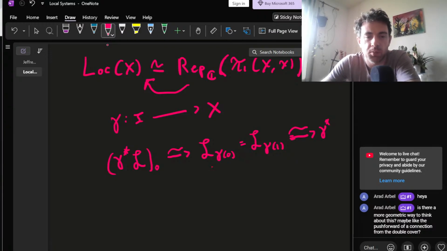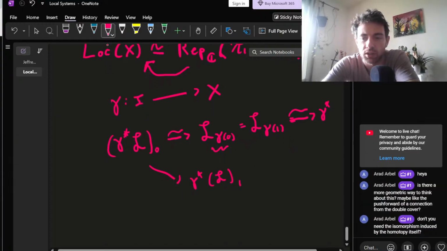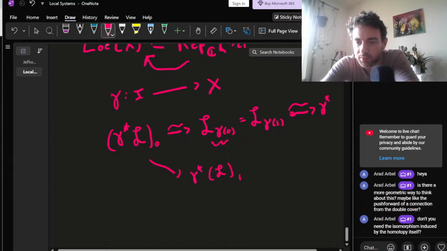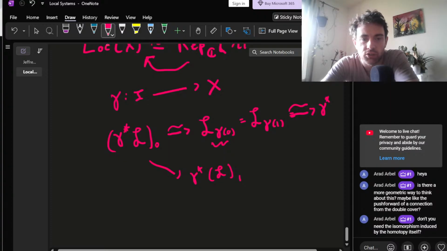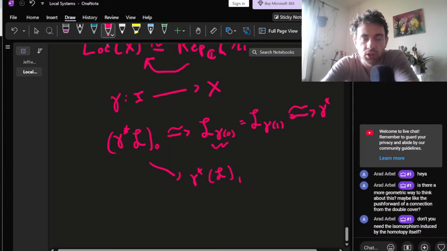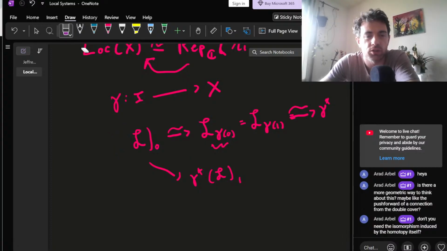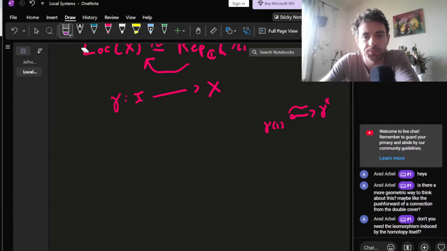Yeah, maybe we start here and then go through this isomorphism. Maybe I'll talk about it in the other direction, because I think that's the one I'm actually going to compute with. Yes, it's induced by the homotopy itself. Maybe I shouldn't have tried to. There's a way you can phrase it in terms of these pullbacks, but I'm going to do it in a slightly different way.